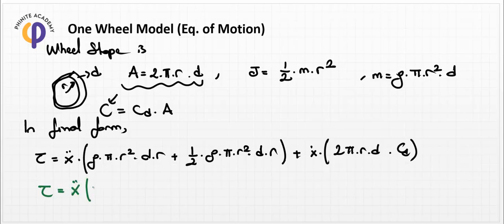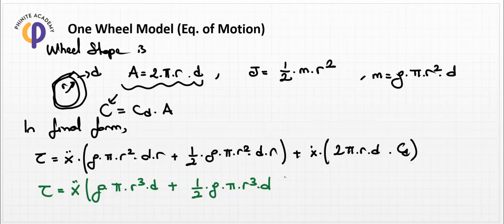x dot dot should be equal to the what? Equal to the rho times pi times R to the power of 3 times D plus 1 divided by 2 times rho times pi times R square times D. Okay, because the M is in here, and so we need to also create these things.